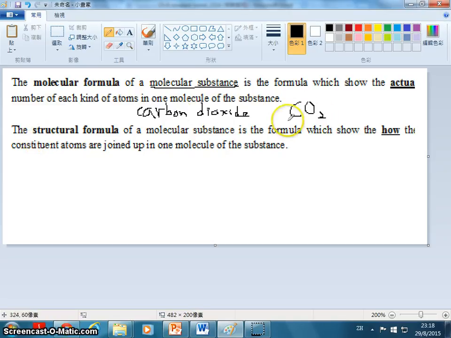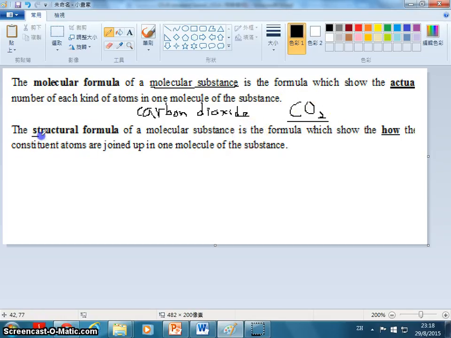But sometimes if you just look at CO2, you would like to know more details about the bonding of the CO2. From previous discussions, we know that C has a double bond with O. But if we just look at the molecular formula, we do not have this piece of information.